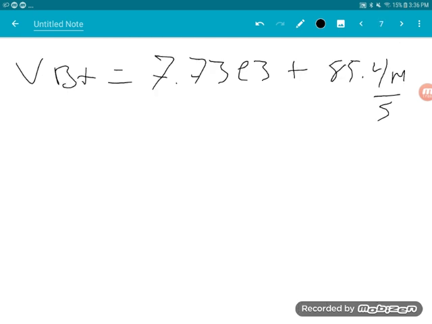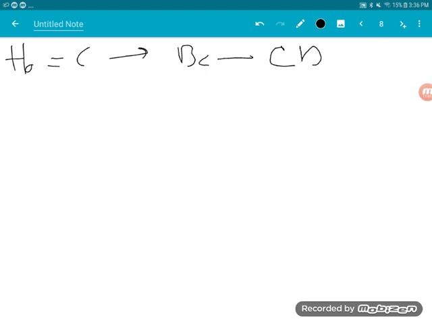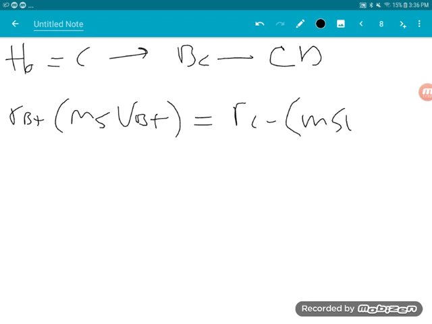That's what we're claiming. So, with that in mind, we have RB plus multiplied by the mass of the spaceship times VB plus, because what is momentum? Mass times velocity. Angular momentum is radius times momentum. Okay, this is equal to RC minus multiplied by the mass of the ship, velocity at C minus.